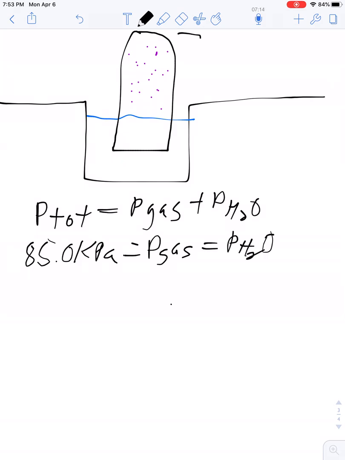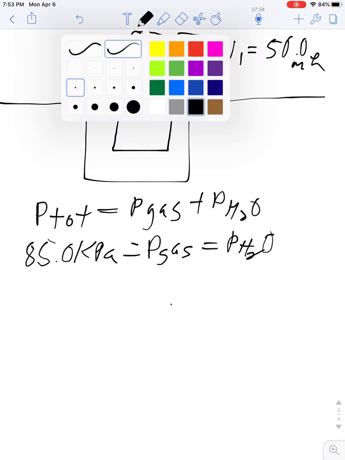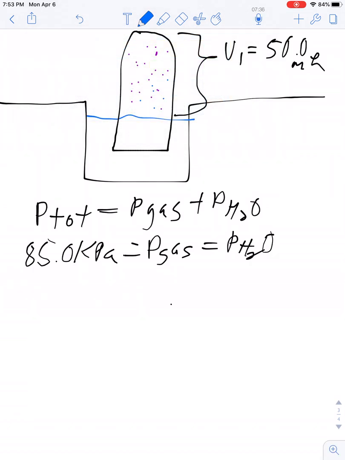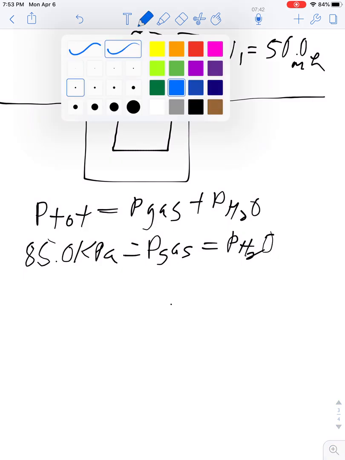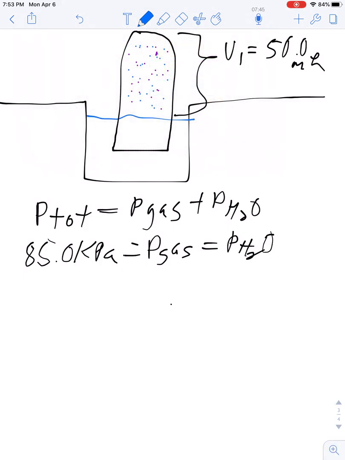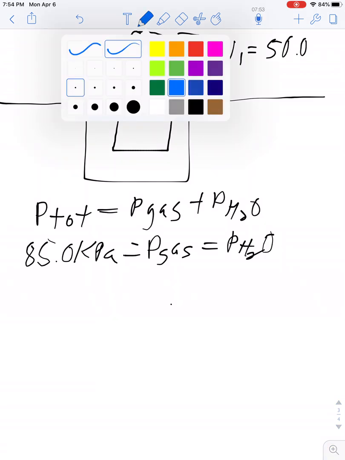And I know that the volume of this container is 50 milliliters, okay? The volume of that space right there is 50 milliliters. And I would like to know what the volume of the gas would be if it didn't have the water vapor. Because, like I said, the water vapor is taking up space, okay? If the water vapor wasn't there, the gas would take up less volume.